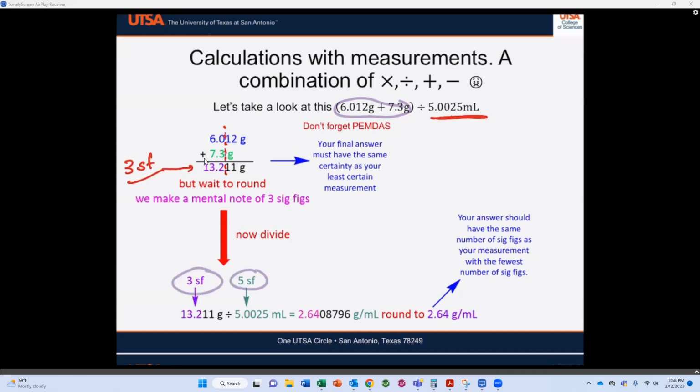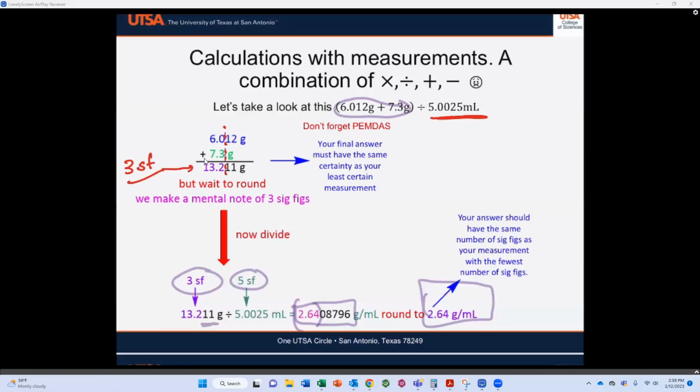Okay, 3 significant figures is going to limit. Notice I'm making a mental note and I'm waiting till the end to round. This is the value that I get. Only 3 of these values are significant. And so this is the final answer that I must report. 2.64 grams per milliliter.